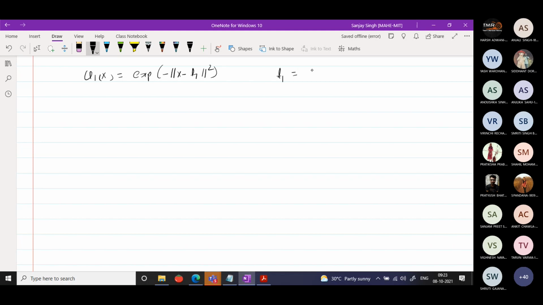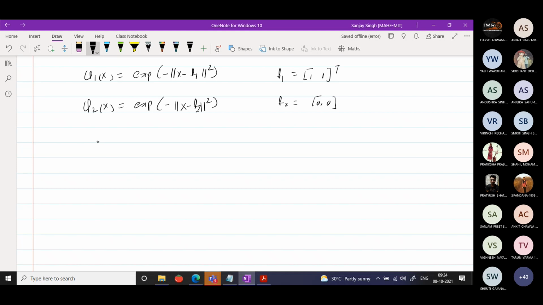Phi 2 of x is exp of minus the norm of x minus t2, squared, where t2 is (0, 0). By the nature of these functions, you can see it's a Gaussian radial function: radial due to the Euclidean norm, Gaussian because of the square and the exponential. Four possible values are there.